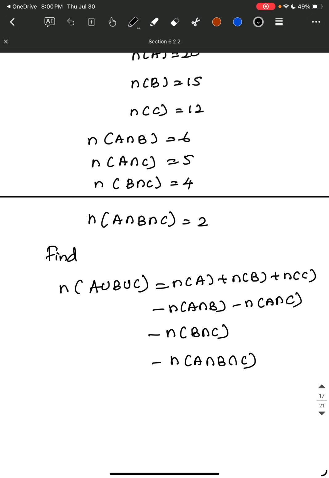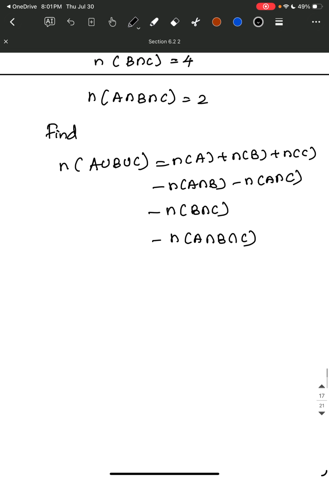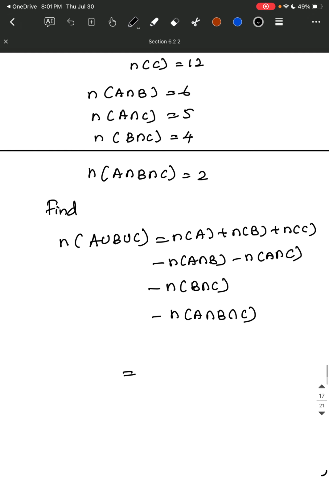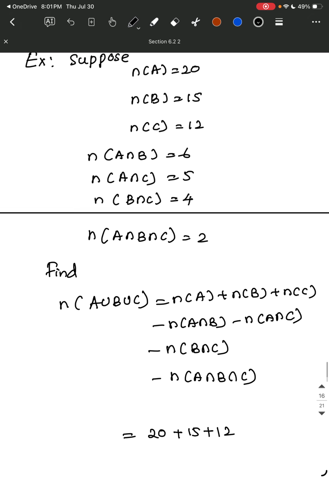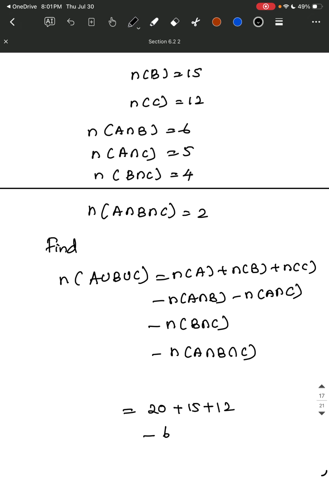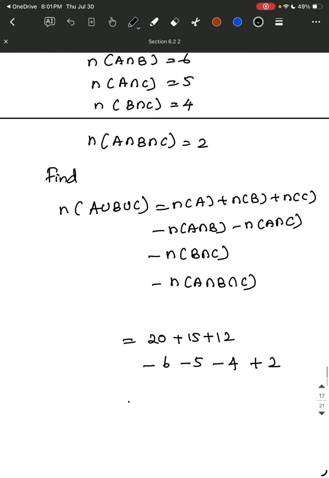Okay, what about the values? 20 plus 15 plus 12 minus 6 minus 5 minus 4 plus 2 equals 34. The number of entries in A union B union C equals 34.